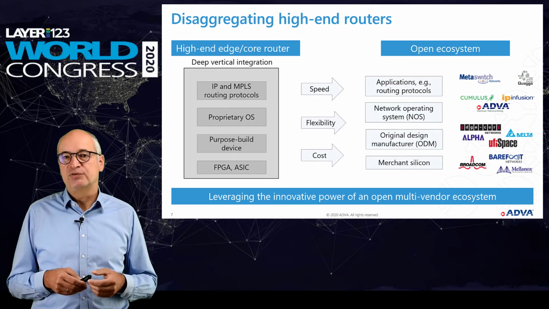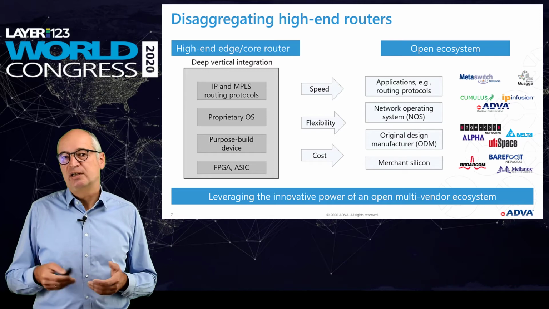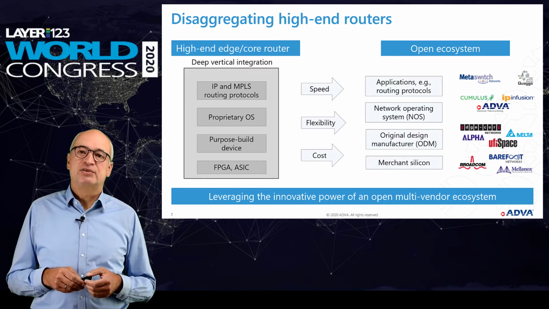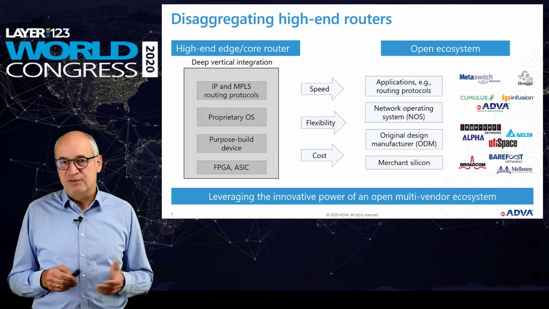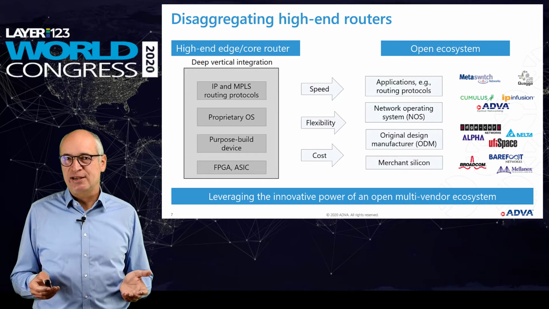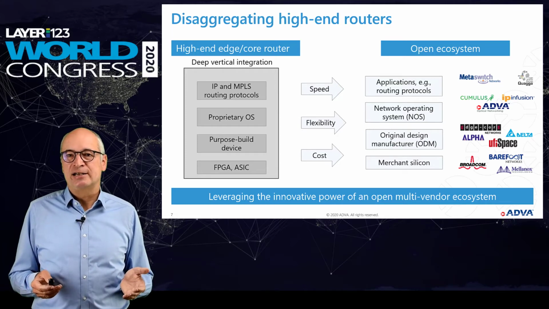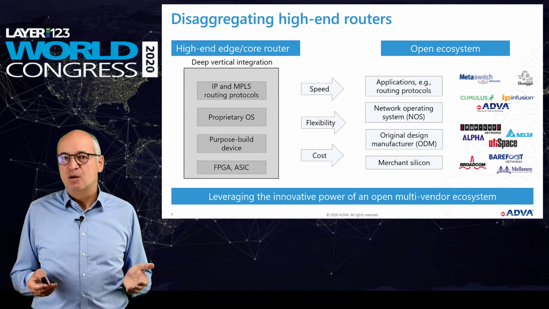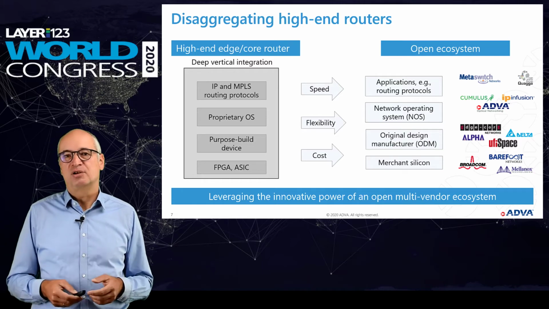We are the experts for designing the network operating systems for those open devices. And on top, there are companies very experienced with higher layer routing protocols and signaling protocols. So this is the approach for disaggregation. Scales very well, and it's a very efficient way. What it requires is a close cooperation between all of those companies.